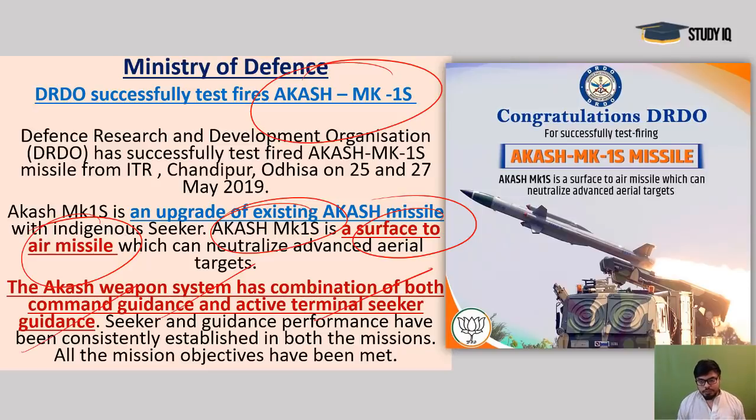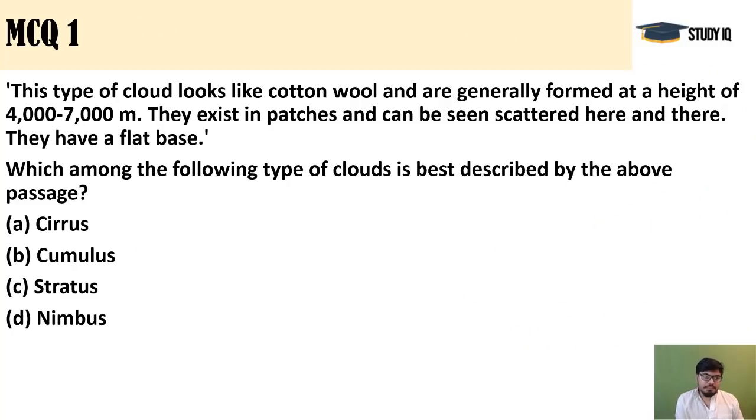These two things are developed by DRDO here, and the name given is Akash MK1S missile. Chandipur, Odisha is where these are normally tested, and Satish Dhawan Space Center is in Sriharikota Island, where the testing and launching of rockets happen. That is the difference between rockets and missiles, and these are surface to air missiles.